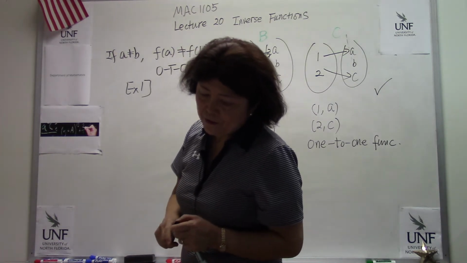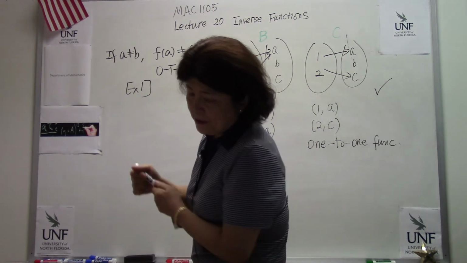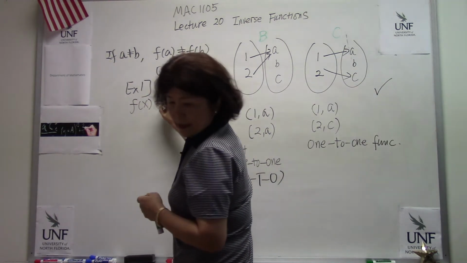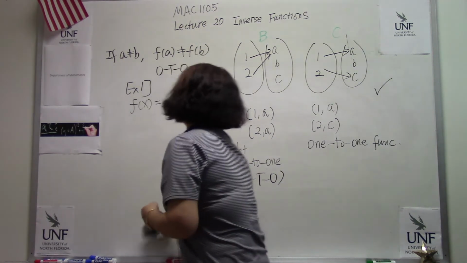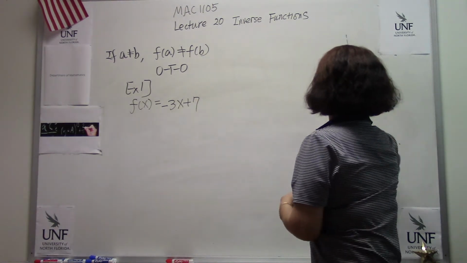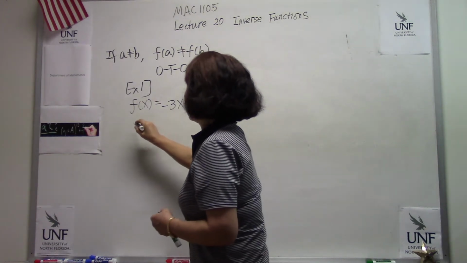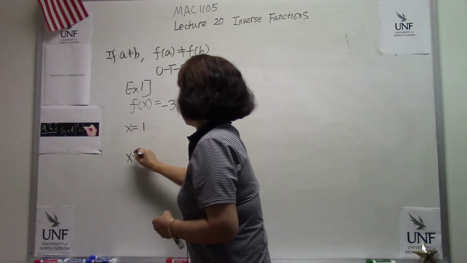Decide whether each function is one-to-one. Part A: f of x equals negative 3x plus 7. Let's pick 2 different x values. I'm going to choose x equals 1 and x equals 4.